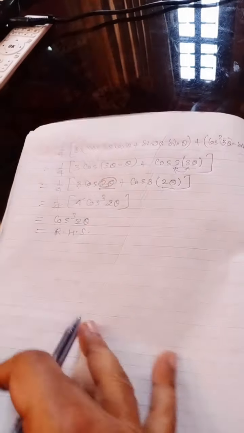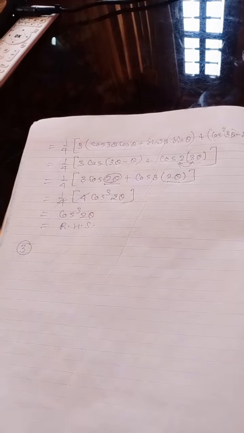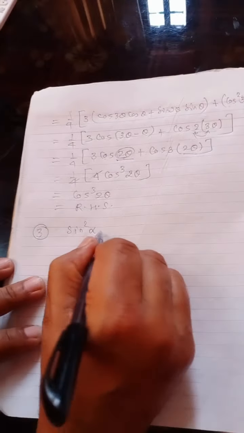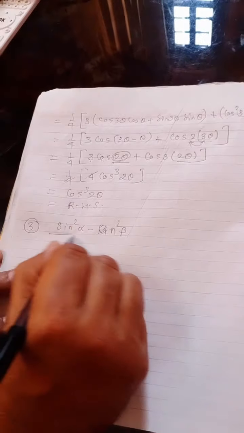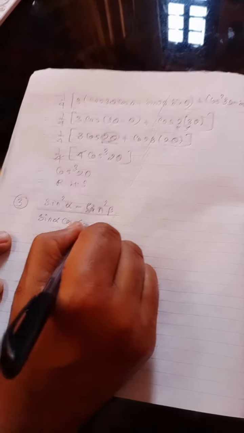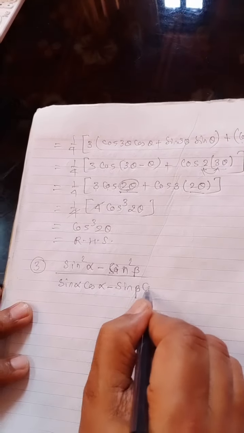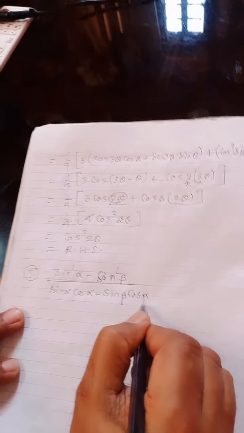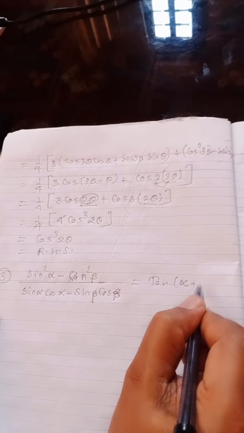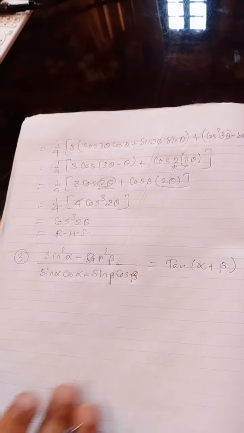Now another type of example we can see. Number 3. Sine square alpha minus sine square beta divided by sine alpha cos alpha minus sine beta cos beta is equal to, on the right hand side we have to prove, tan of alpha plus beta.